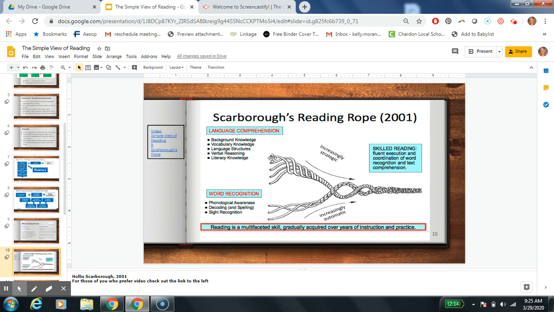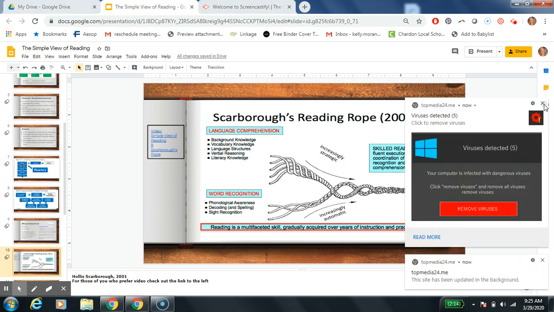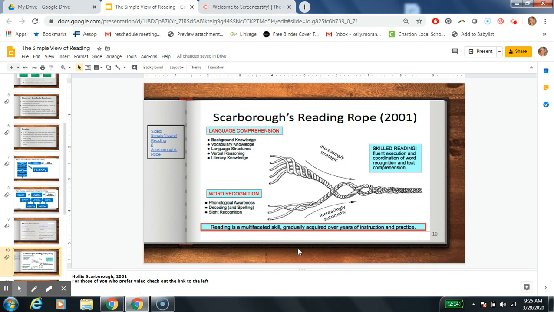And what this image shows is all of those elements or skills or descriptors of those two main elements of word recognition and language comprehension, and how those many different elements fall under that umbrella or that component.